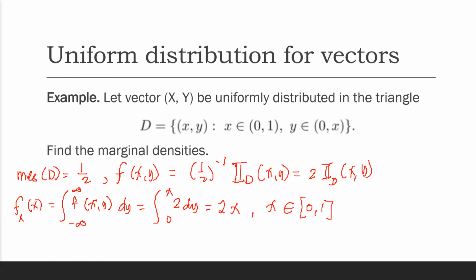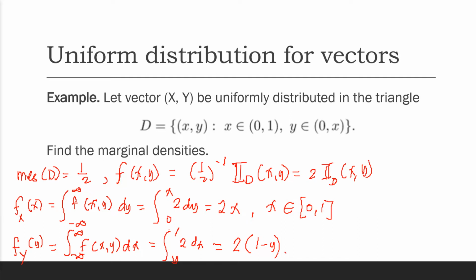And then we have f of y in relation to y, which is equal to the integral of f of x, y dx from negative infinity to infinity, which is equal to the integral of 2 dx from y to 1, which is equal to 2 times 1 minus y, where y is an element of the closed interval 0, 1.